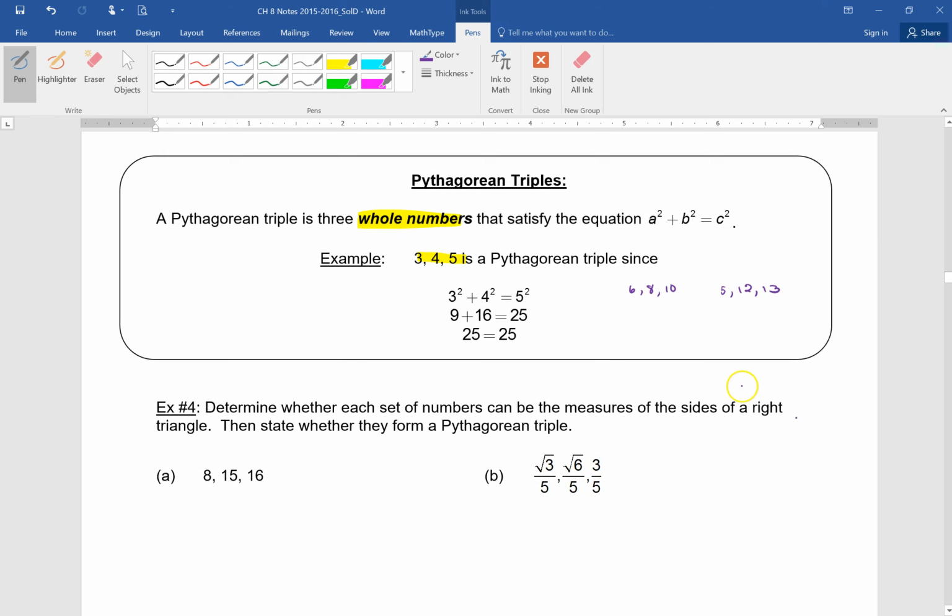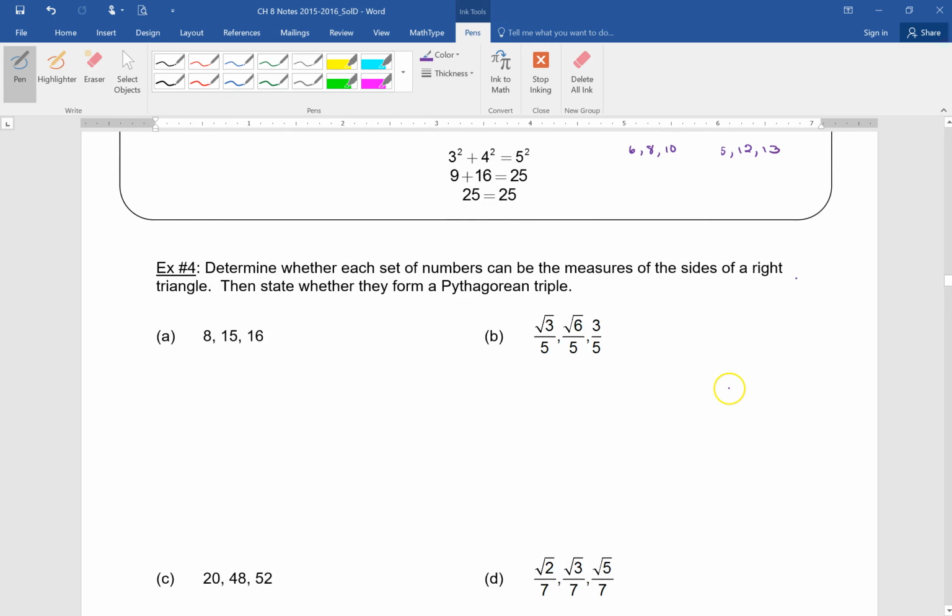All right, so let's see if these are Pythagorean triples. Determine whether each set of numbers can be measures of the sides of a right triangle, then state whether they form a Pythagorean triple. Here, which one would qualify as C? 16.